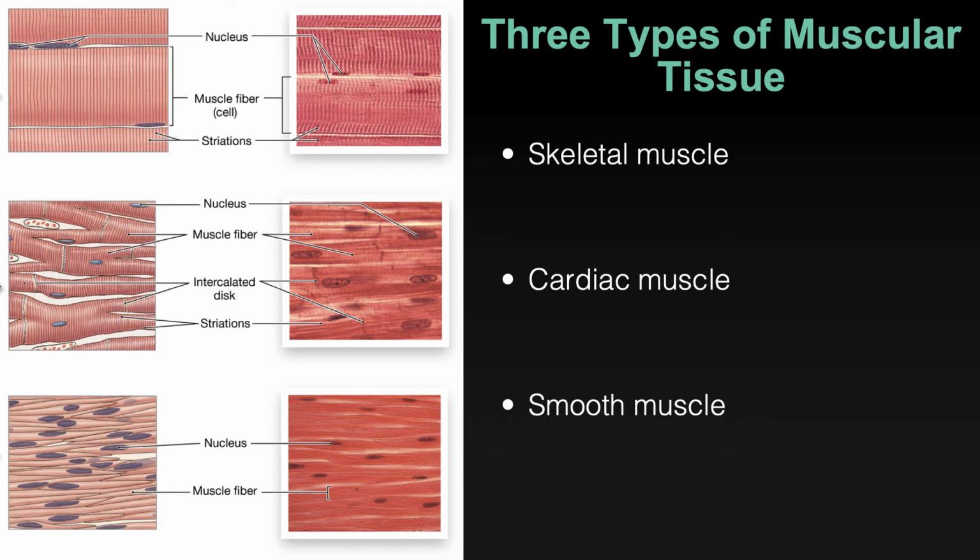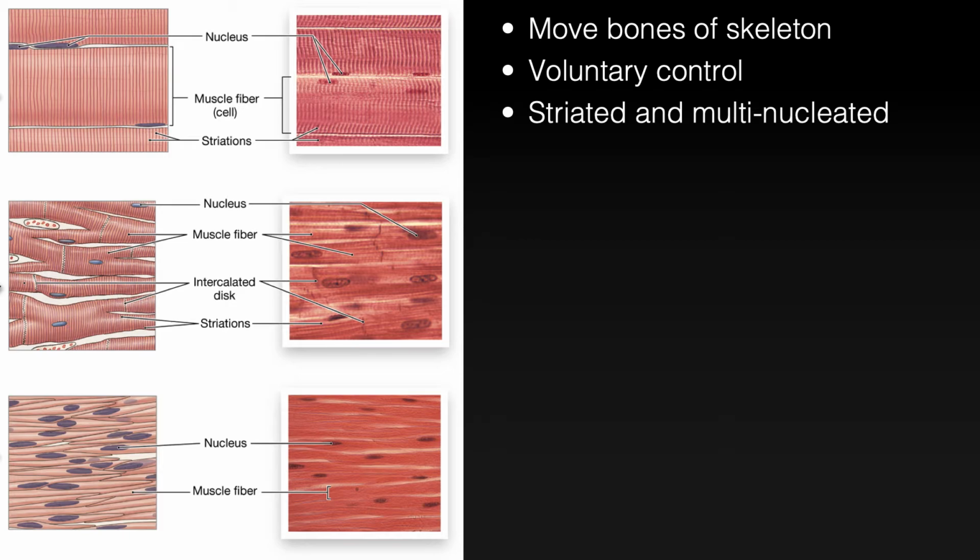I'll give you a brief few bullet points on each one, and then we're going to throw two of them away. So skeletal muscle, my favorite. And if it's my favorite, it should be your favorite, at least for this section. If it's not your favorite, don't tell anyone.